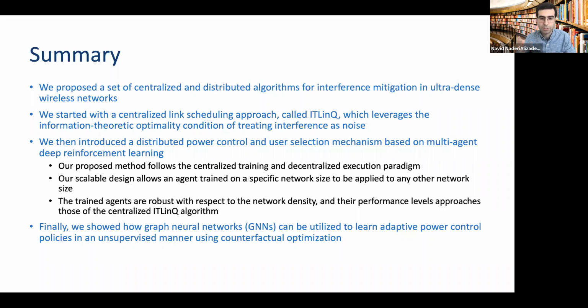And I showed you how scalable that is in terms of how many nodes you have in the network. And as Jeff pointed out, it's going to get a performance similar to the ITLinQ algorithm while it's distributed. And also finally, I touched upon our recent work on how we can use graph neural networks to come up with power control policies in an unsupervised manner, with the slack variables and the counterfactual optimization framework.